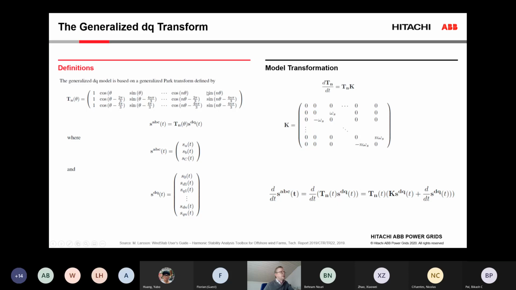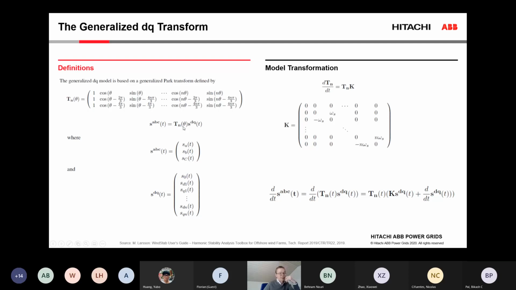And then you can increase this higher and higher. And the main difference between the original Park transform and our generalized DQ transform is that the Park transform is bidirectional.